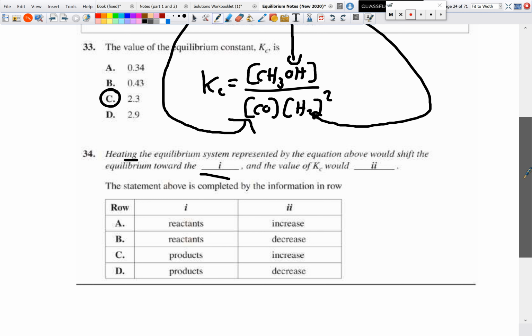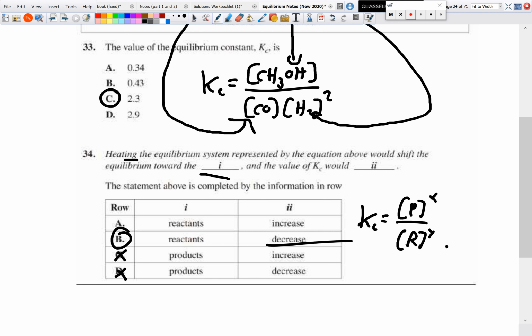So we know that it is producing the reactants, so you can scratch out D and C. Now as for the value of Kc, remember we have products over reactants. If we increase the reactants, the value of Kc decreases.